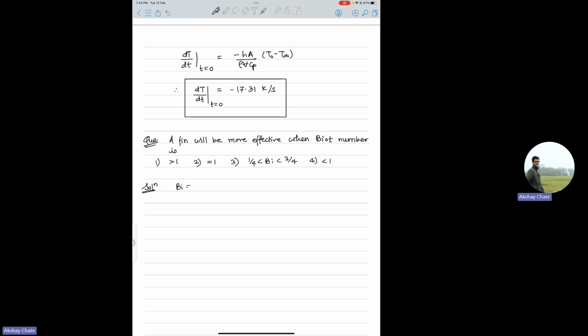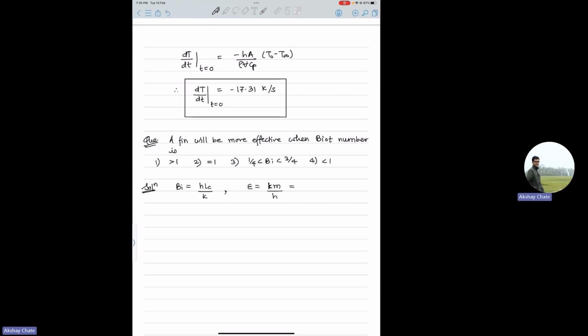The Biot number for anything, even if it is a fin, will be h Lc by k, where k is the conductivity of the fin. Lc is the characteristic length for the fin, so you just leave it as some length dimension. Regarding fin effectiveness, if you remember from last class, if nothing is mentioned we assume it is an adiabatic or long fin, and in this case you get a measure for effectiveness in terms of this formula, which is km by h.